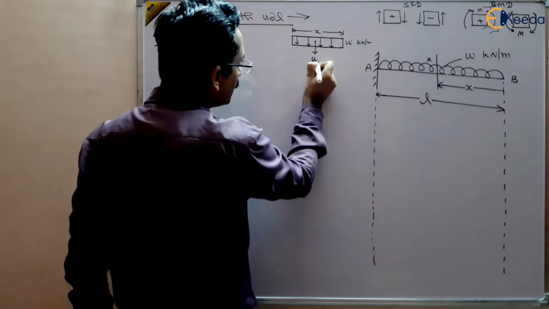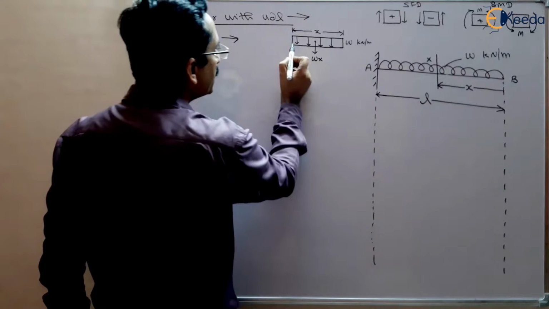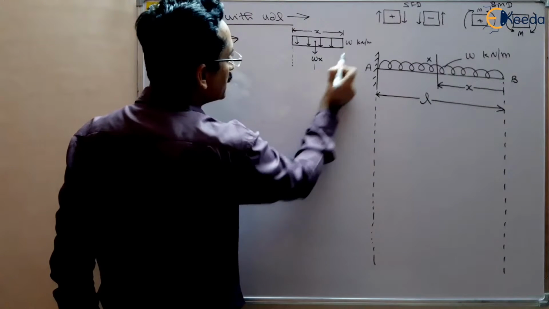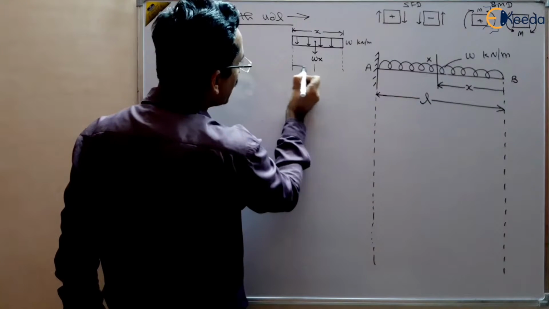So this will be Wx, and this will be at the center, meaning these distances will be X by 2 and X by 2.